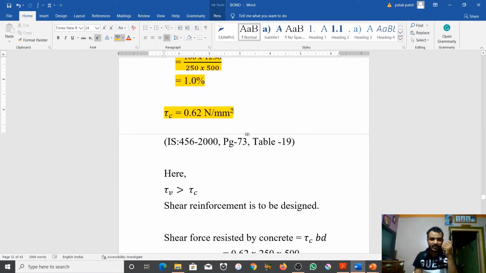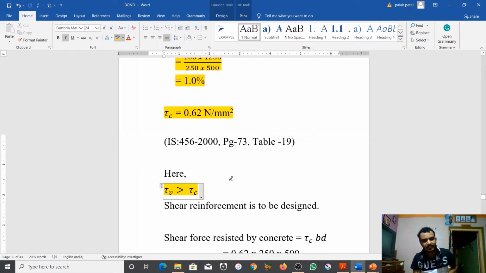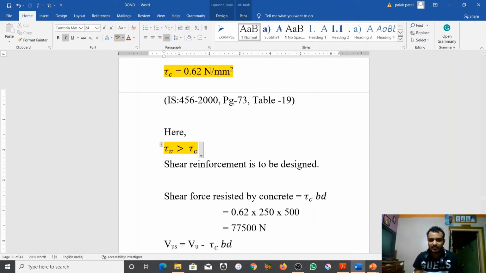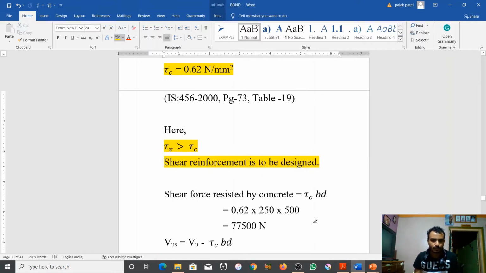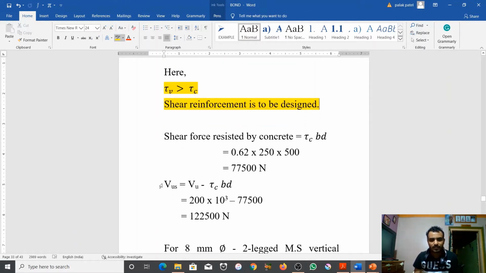So here tau v is more than tau c. By this condition, we have to design shear reinforcement. So we have the equation Vus is equal to Vu minus tau c bd. So Vu is equal to 200 into 10 raised to 3 minus tau c into bd, where tau c is 0.62 and b and d are 250 into 500.